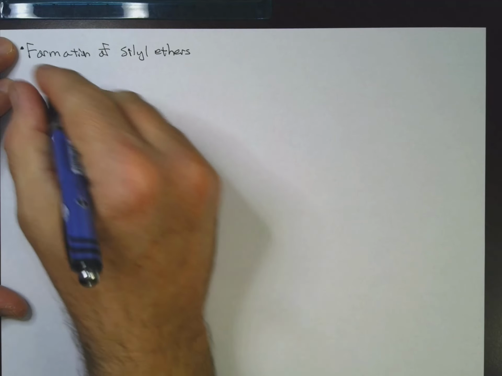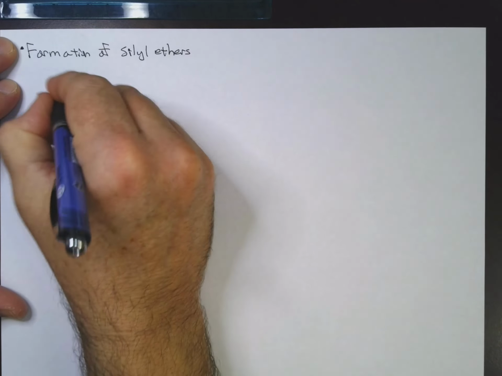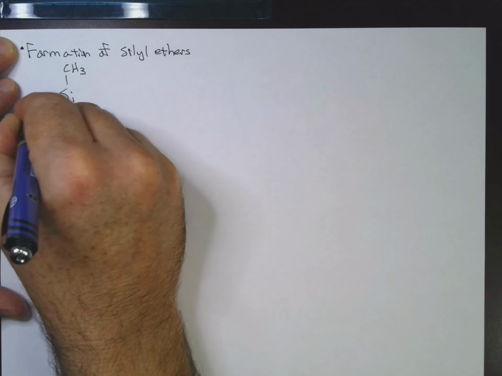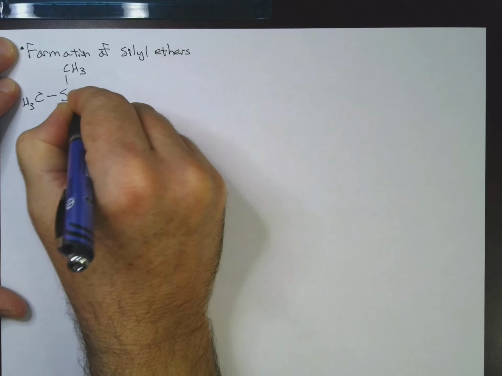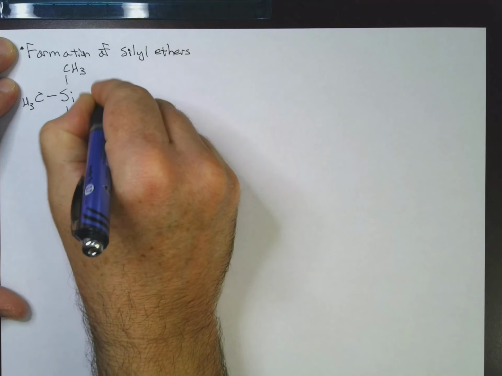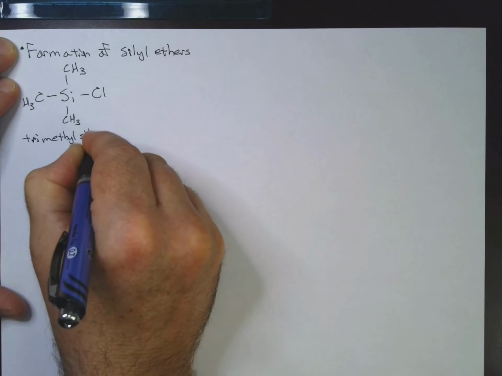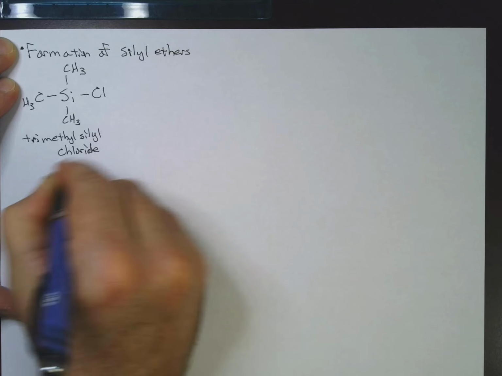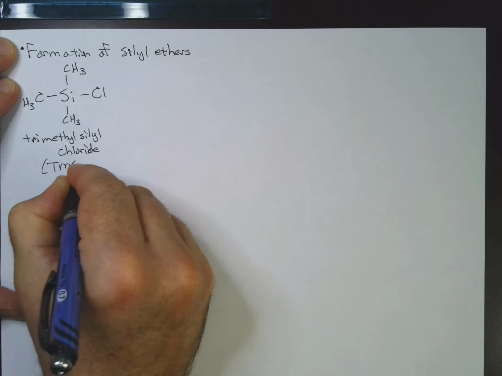Well, let's look at the following here. I've got silicon. I'm going to stick 3 methyl groups on it. So this is trimethylsilyl chloride, or TMSCl.